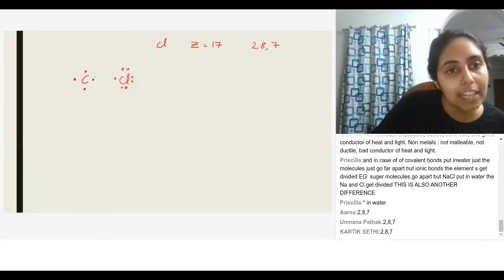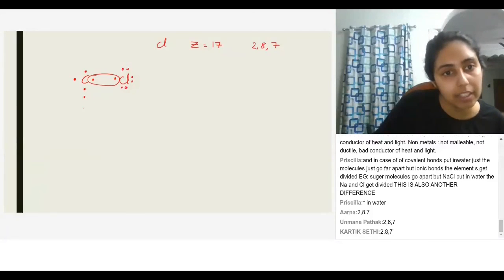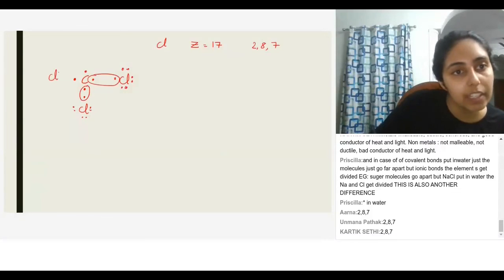So one of the electrons it will take from this, that it will share, and similarly there'll be another chlorine over here and it will share. Similarly, another chlorine over here. So 4 chlorines, right? Yes, 4 chlorines. Similarly, another chlorine and it will share.